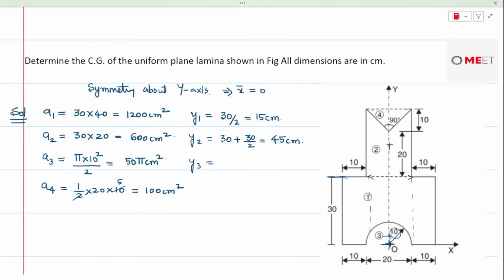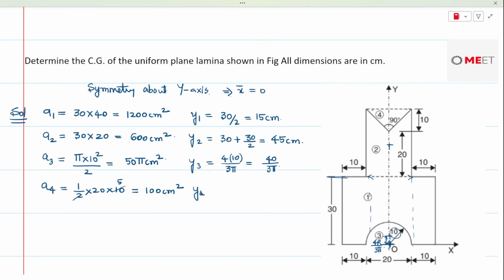So the centroidal coordinate will be slightly above this, and this distance is taken as 4r by 3 pi. So y3 will be 4r by 3 pi, 4 into r, which is 10, divided by 3 times pi. This will be equal to 40 by 3 pi.